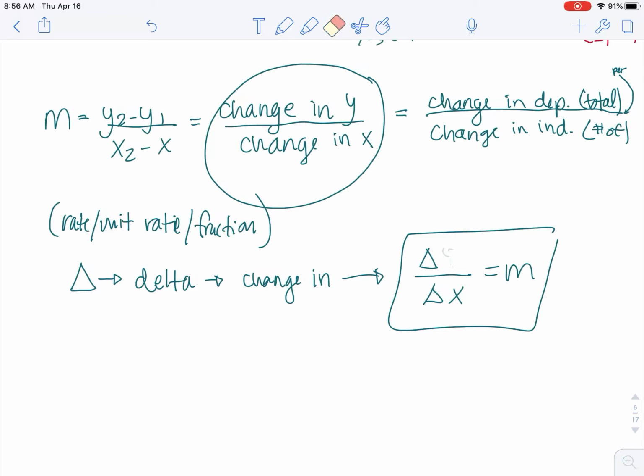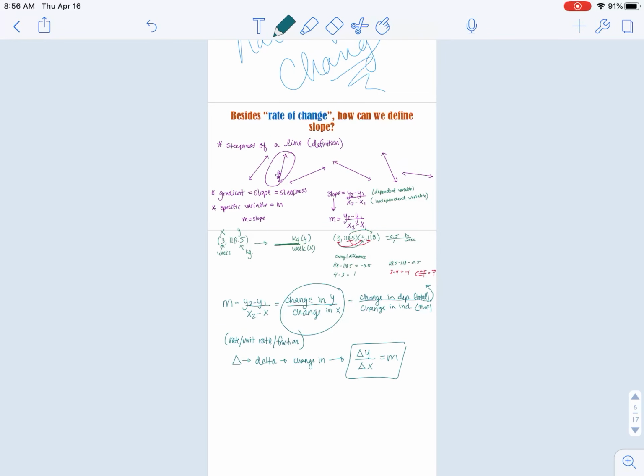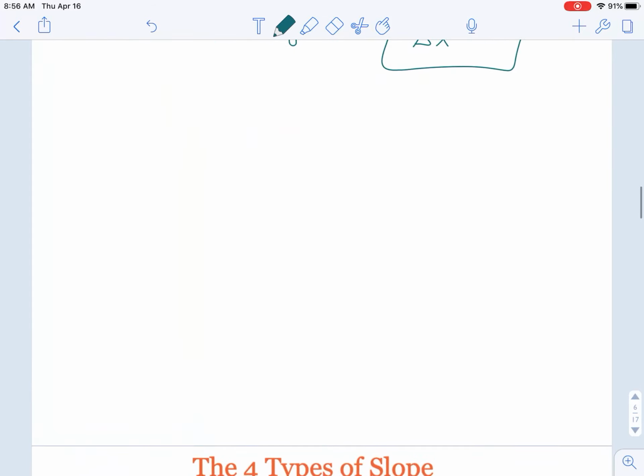It's a lot easier to write it in that way, where I know this delta means the change in y over the change in x. So hopefully you understand what slope is, what rate of change is, and you really can fully grasp it, and you recognize that the y is always on the top and the x is always on the bottom.